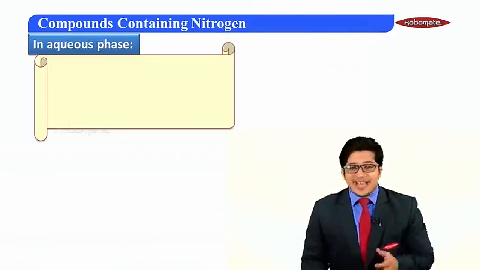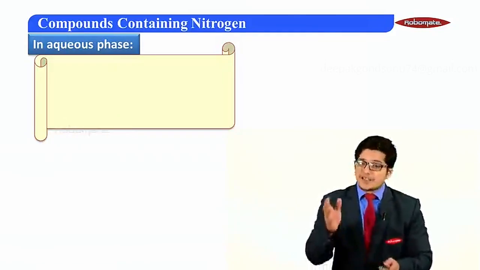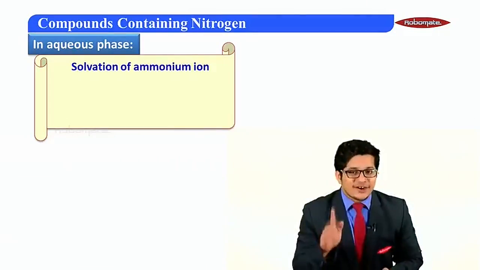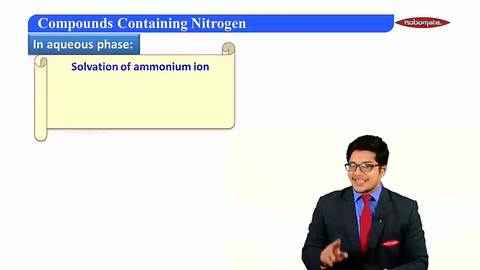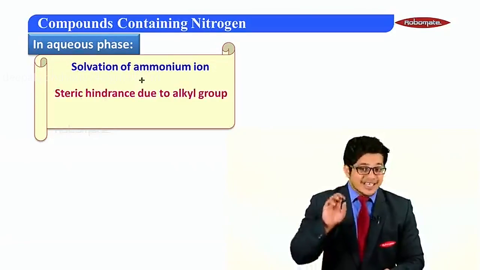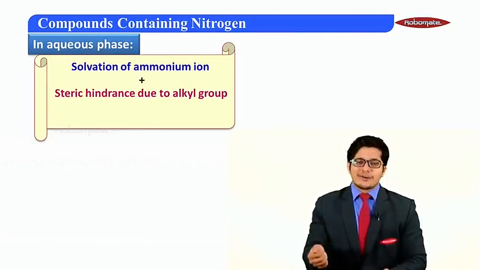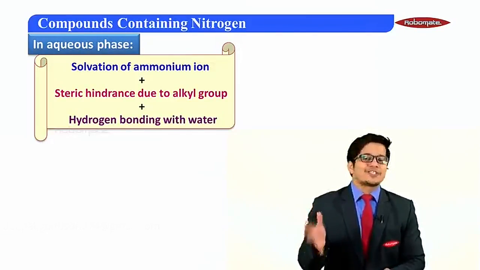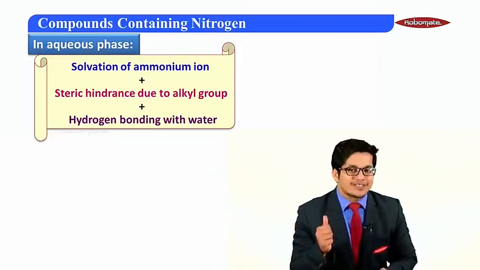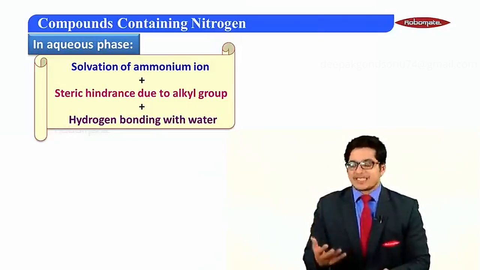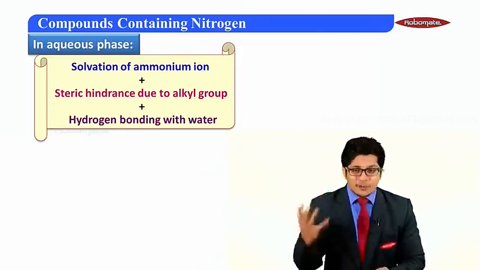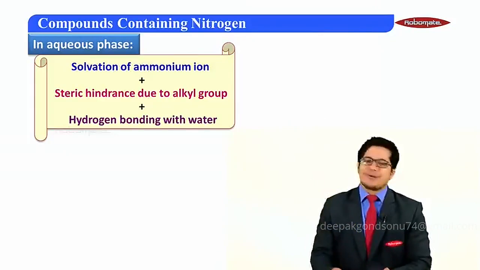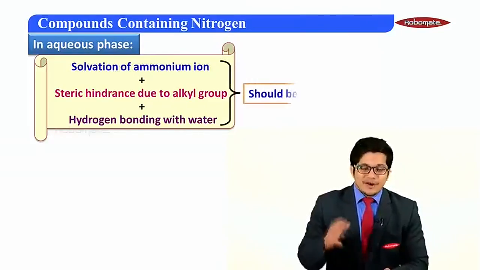Now, in aqueous solution, the first thing we need to consider is the solvation of the ammonium ion. The next thing is the steric hindrance due to alkyl groups. And the third thing which we cannot forget is hydrogen bonding with water molecules. Whenever you are mixing ammonia or any amine with water, you need to consider all these 3 points.